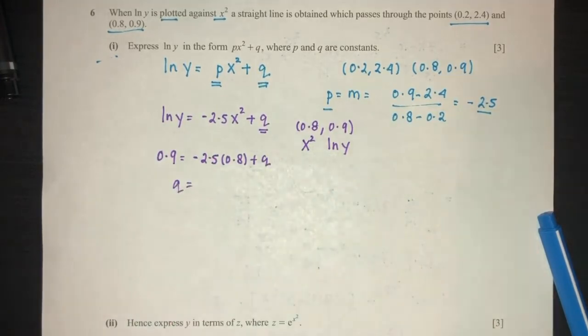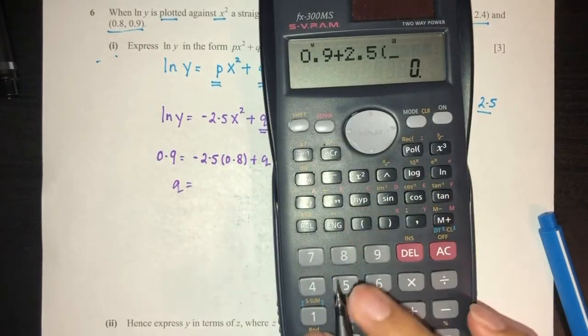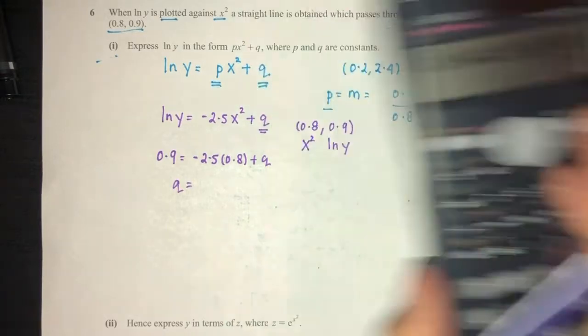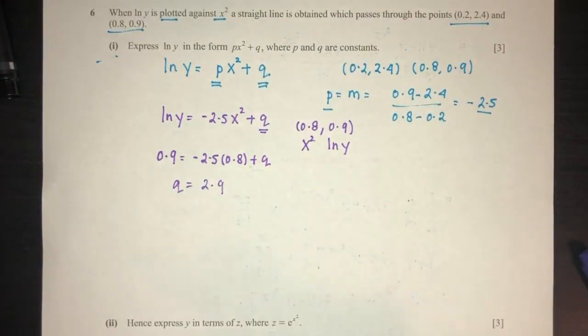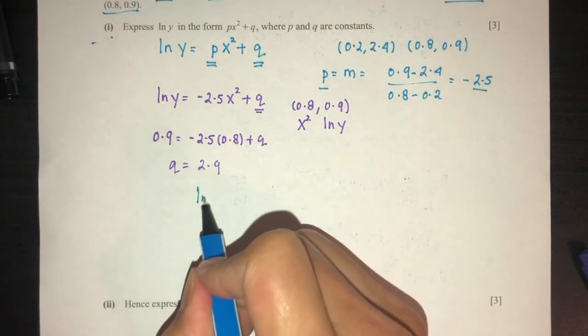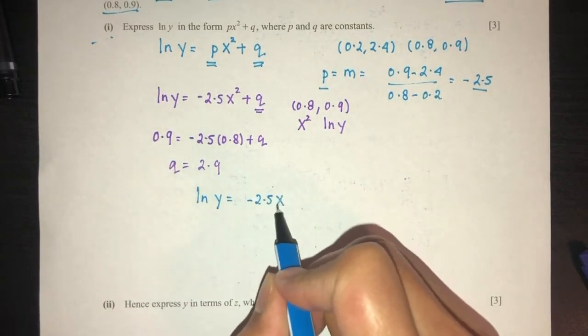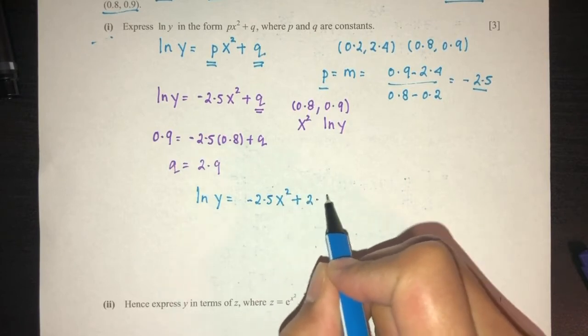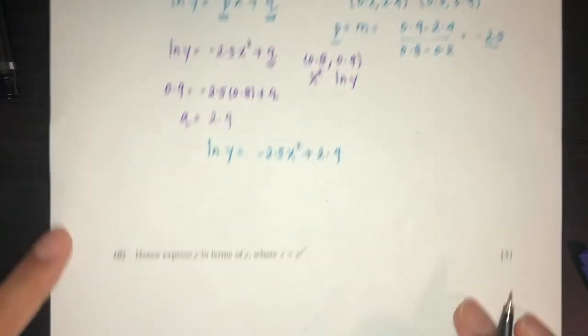So q will be what value? 0.9 plus 2.5 times 0.8, that should be 2.9. So q is 2.9. So finally we have ln y equal to minus 2.5 x squared plus 2.9 for your value of q. That is your answer for part 1.